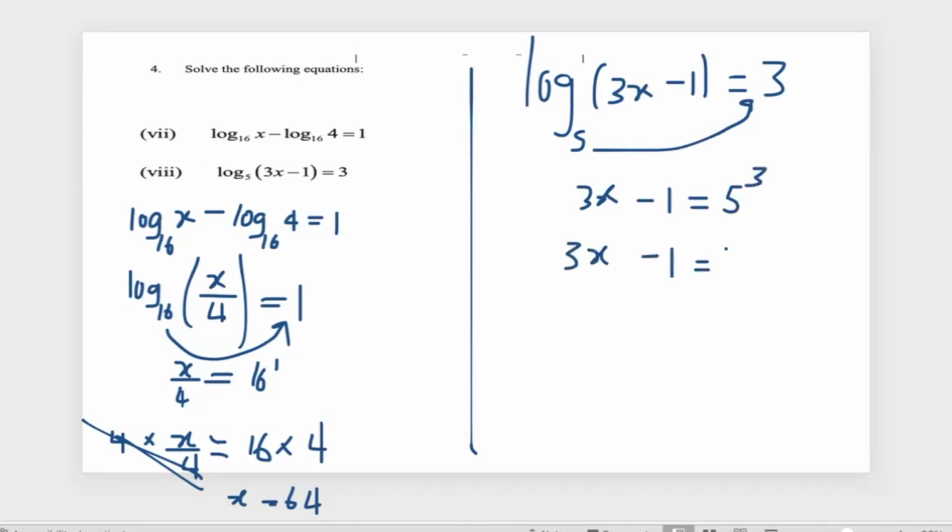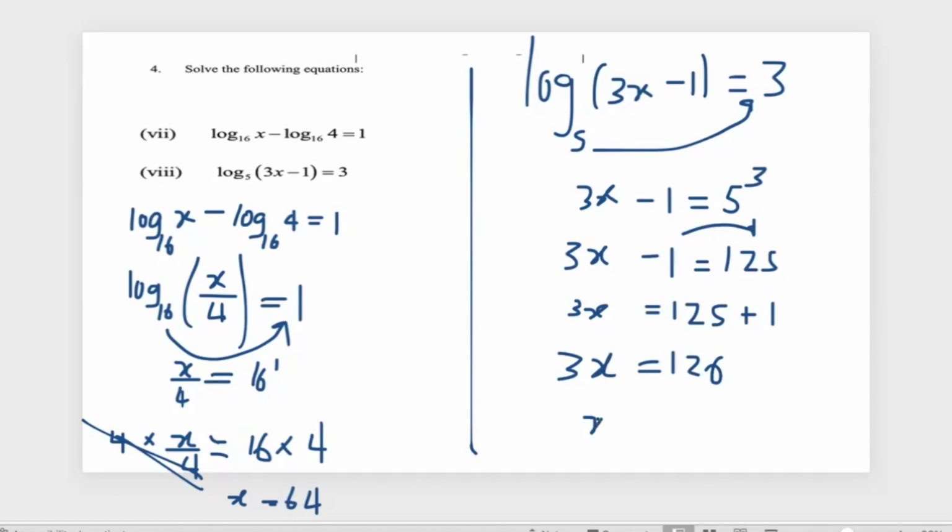So we're going to have 125 here. And then you care about the 1. So it's going to become plus 1. So we have 3x equal 125 plus 1 to give us 126. So 3x equal 126. And then 126 divided by 3. So that means x equals 42.